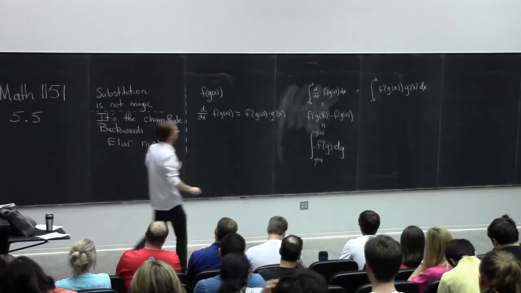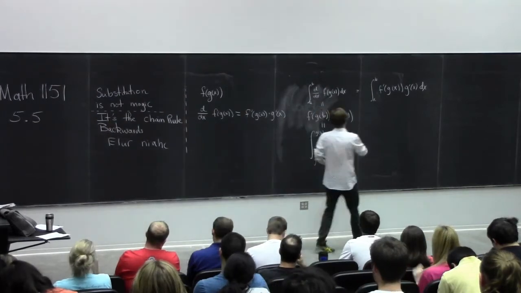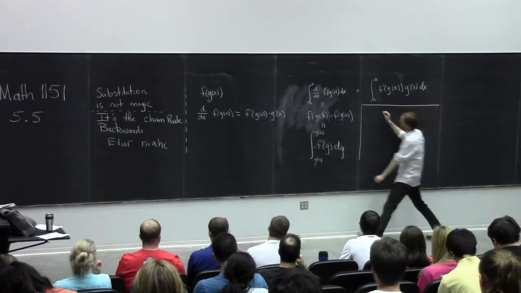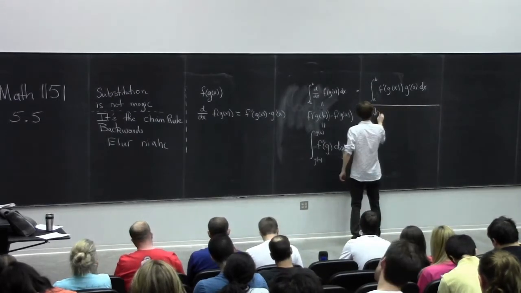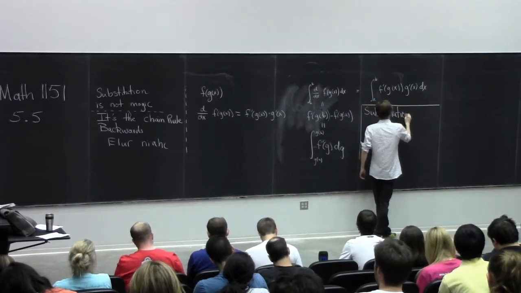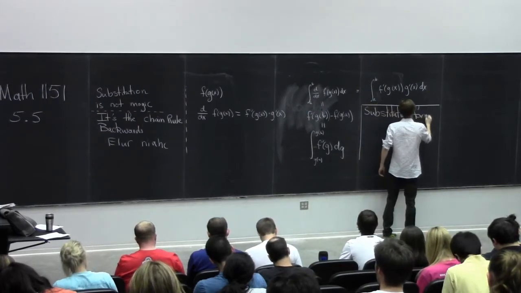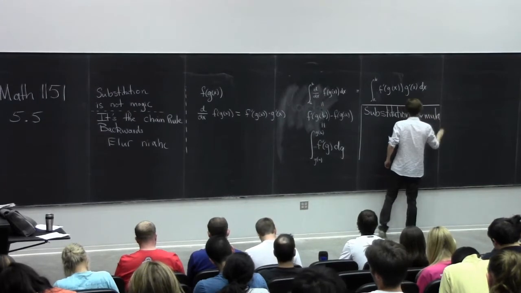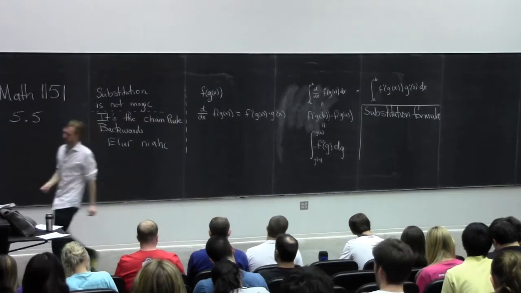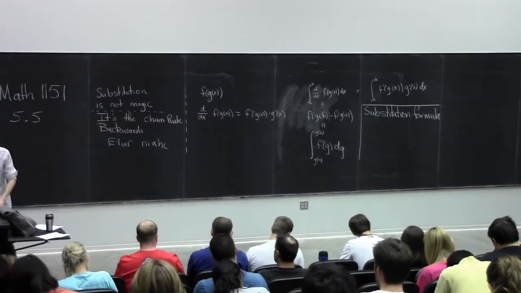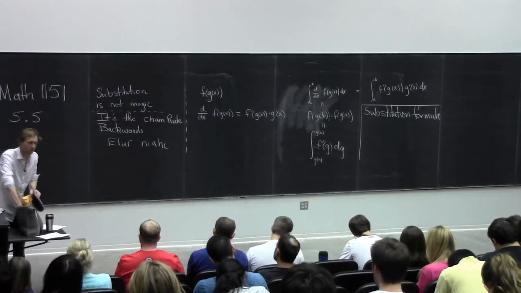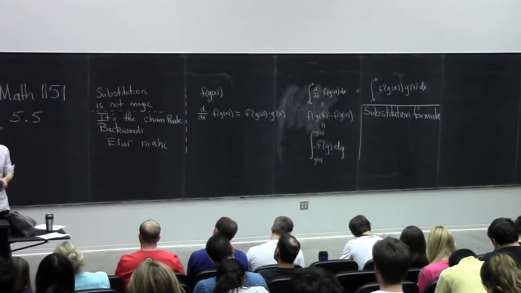So here's my formula that I'm going to write down. This is the substitution formula. This is a good formula. It will not lead you astray, I don't think. If somebody asks, what is substitution, and you told them this, they'd say, you know what you're doing.